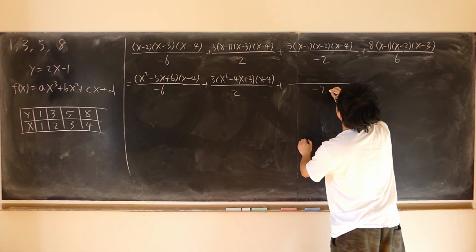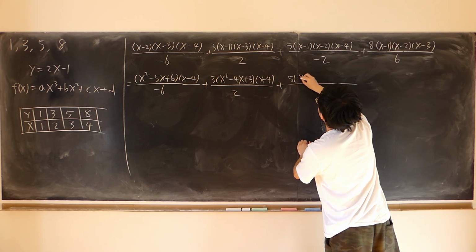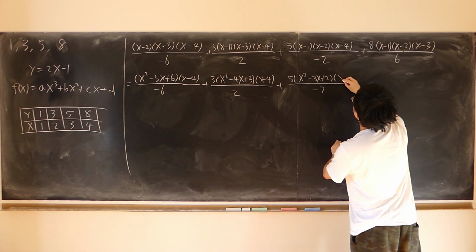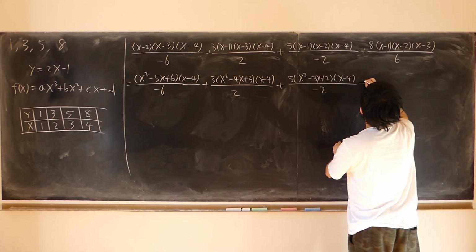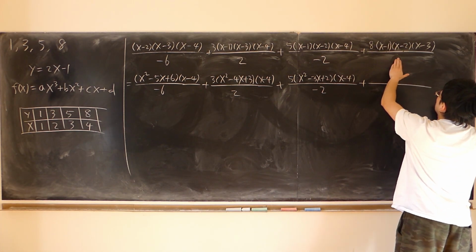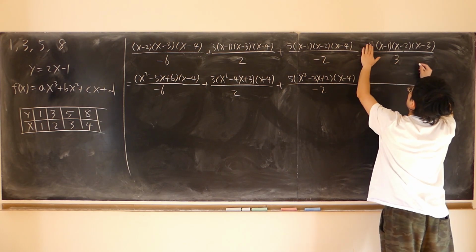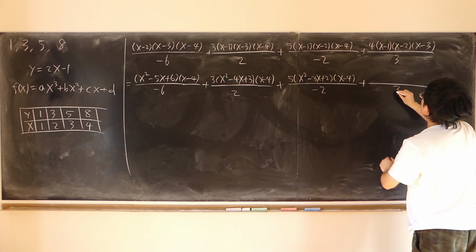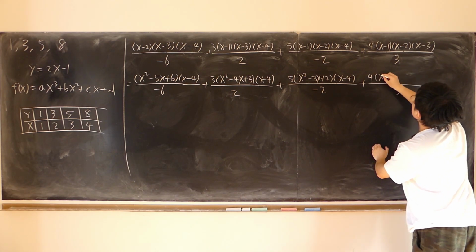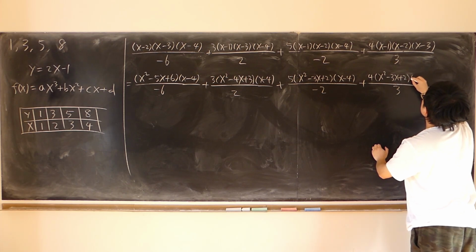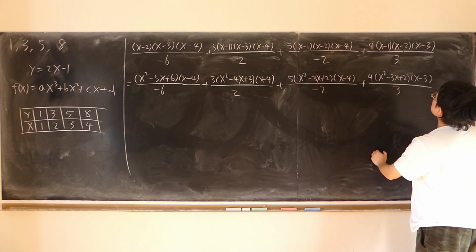Third term, negative 2, 5 times x squared minus 3x plus 2 times x minus 4. Plus 8 times x squared minus 3x plus 2 times x minus 3. Okay.